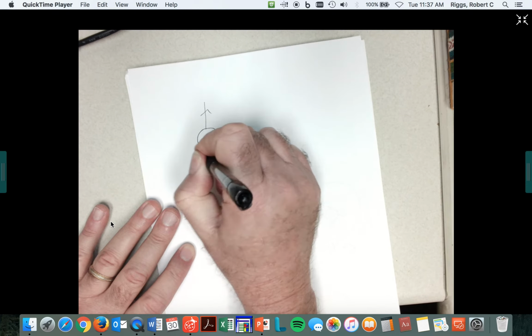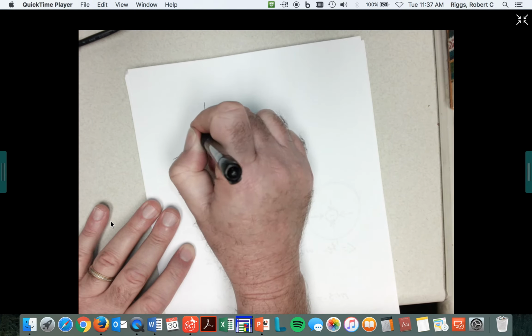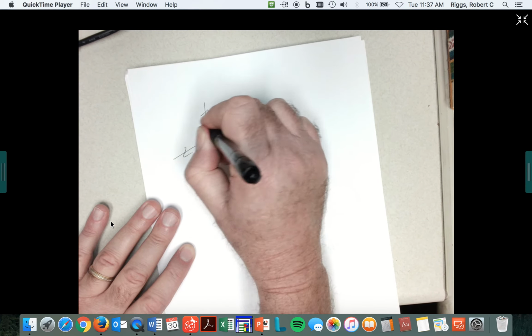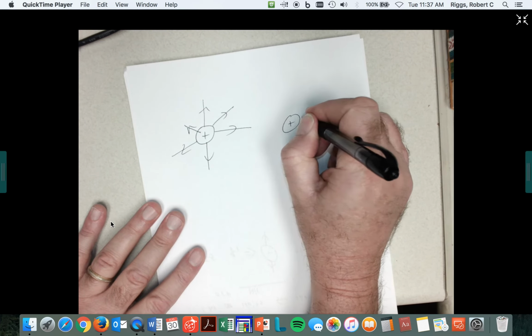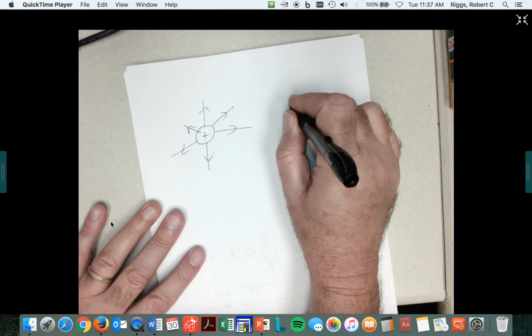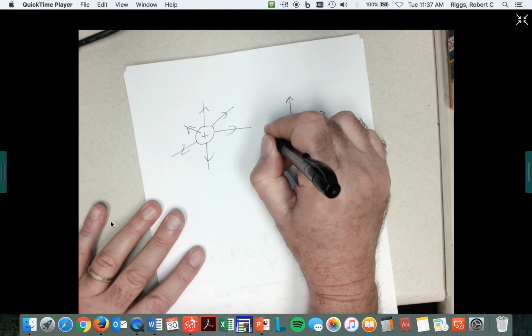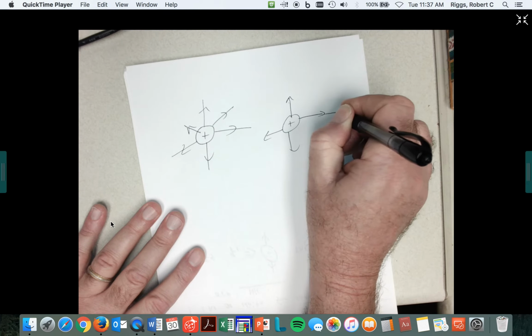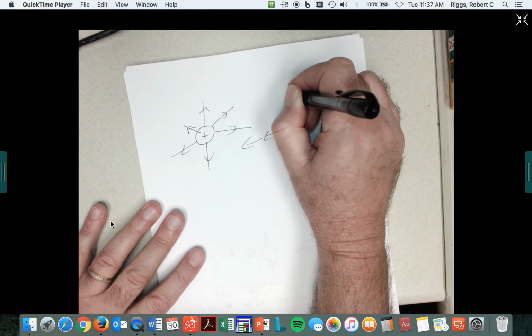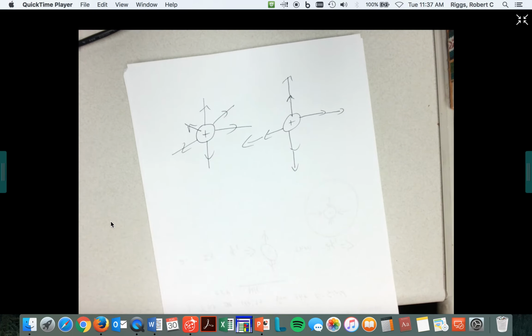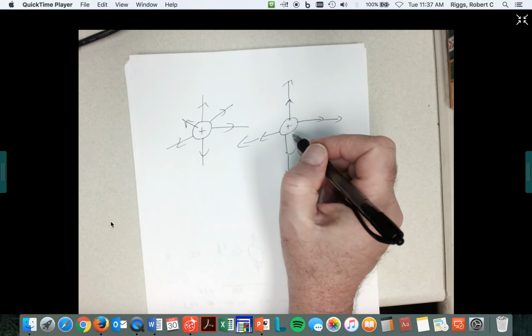Now, the further out I get from this charge, if I drew it in vector formation, here's my electric field in vectors, the further out I get, the weaker these vectors become at each point, okay? This charge produces these electric fields.